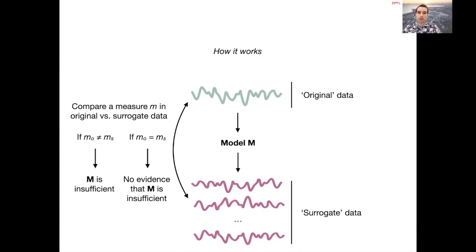Importantly, and maybe it's a bit frustrating, this does not mean that the model M fully describes the original data, right? It just means that there is no evidence that M is insufficient. And from what I know, there is no real way to definitely show that a model completely describes original data, right?